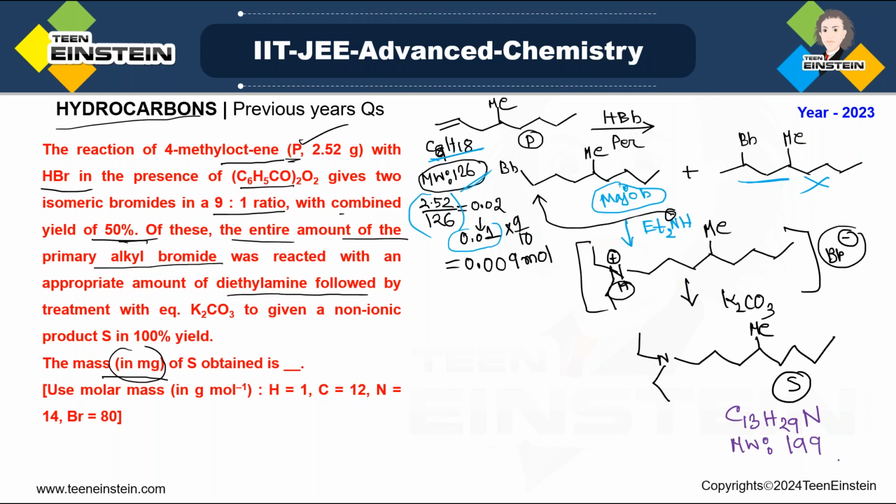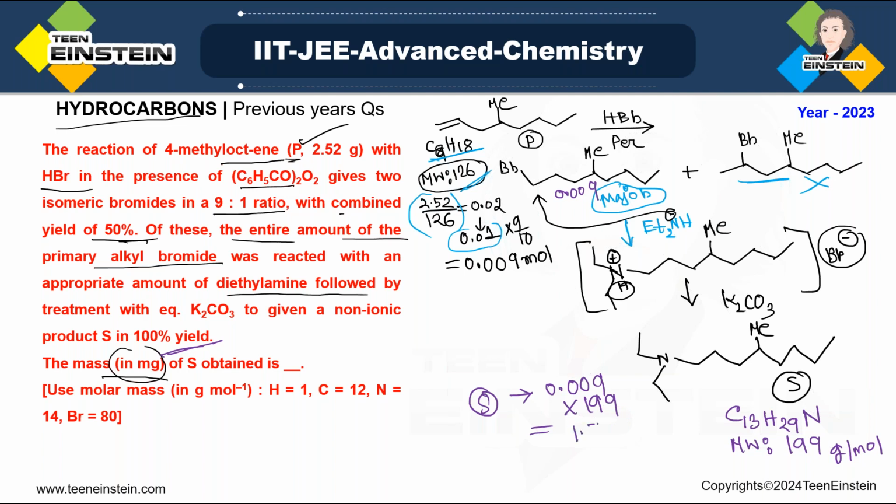Now this is the molar mass in gram per mole, and as it is 100% yield, if this compound is 0.009 moles, this S will also be produced 0.009 moles. So simply multiply it with 199 gram per mole.